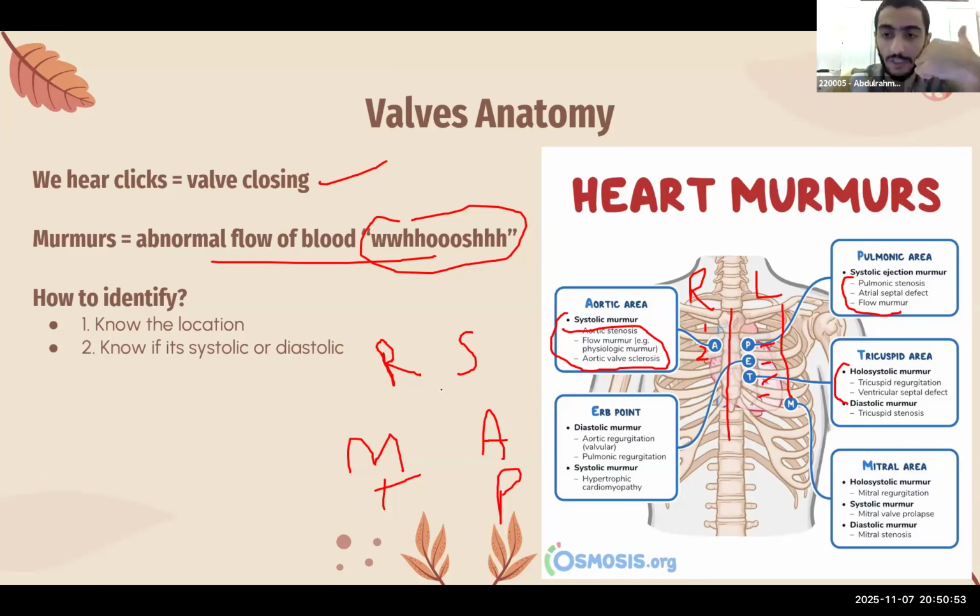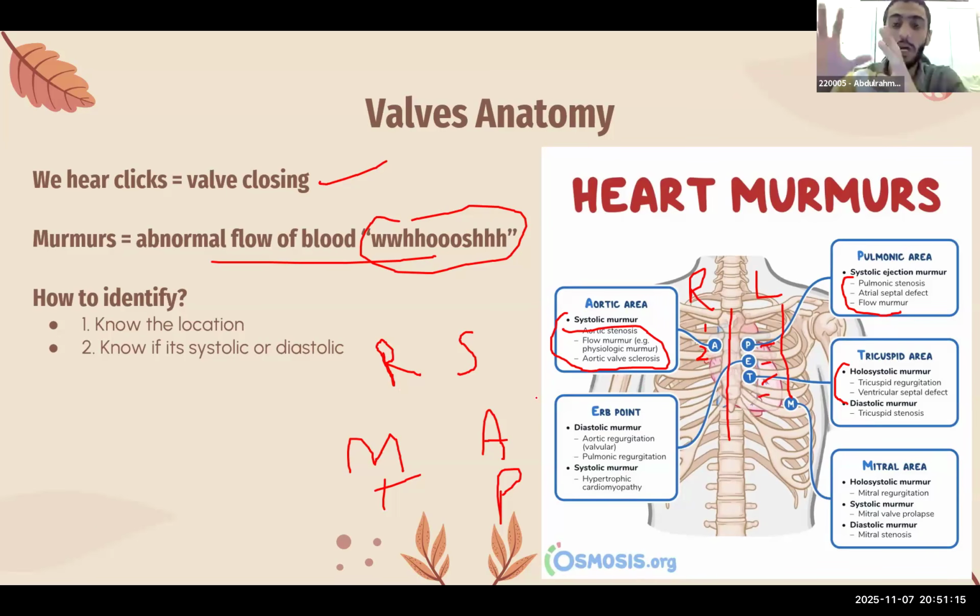Because with mitral regurg, what's happening is that basically when the heart is contracting, the blood is flowing back to the atria, right? So the mitral and tricuspid, when the heart contracts, blood flows back into the atria. So this is called regurg. And now this is a systolic murmur, okay?